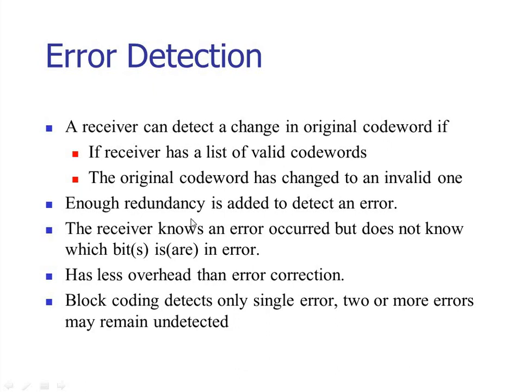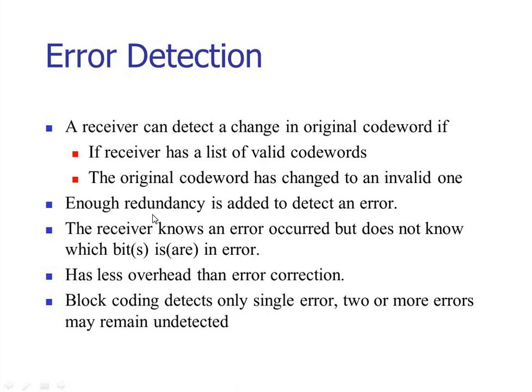So enough redundancy bits are required to be added to detect the error. The receiver knows an error occurred, but it does not know in which bit the error has occurred. So for that purpose you will require more redundant bits. Error detection has fewer overheads than error correction.